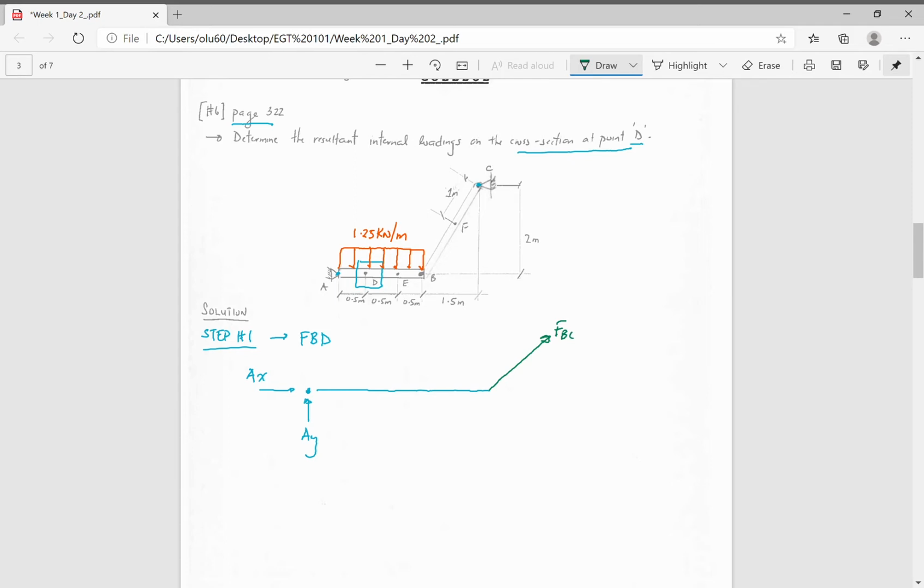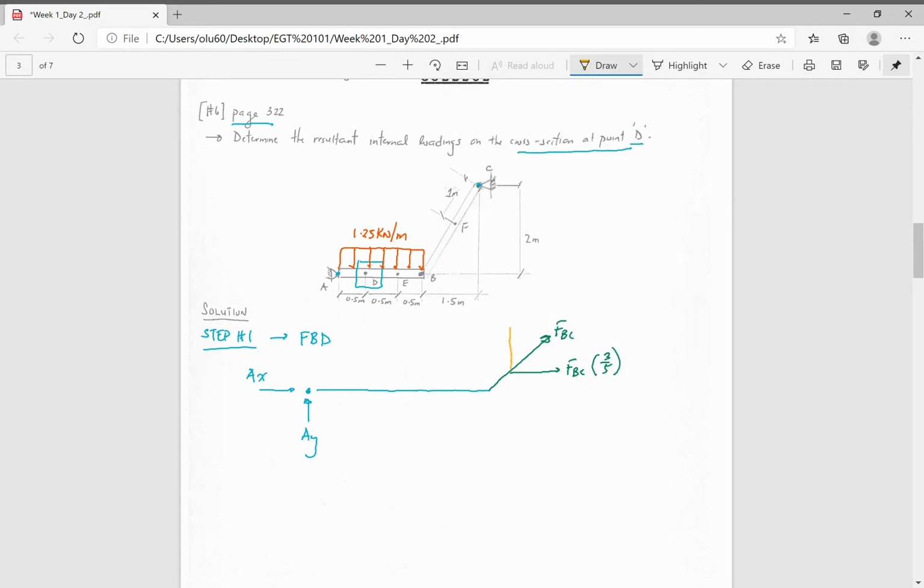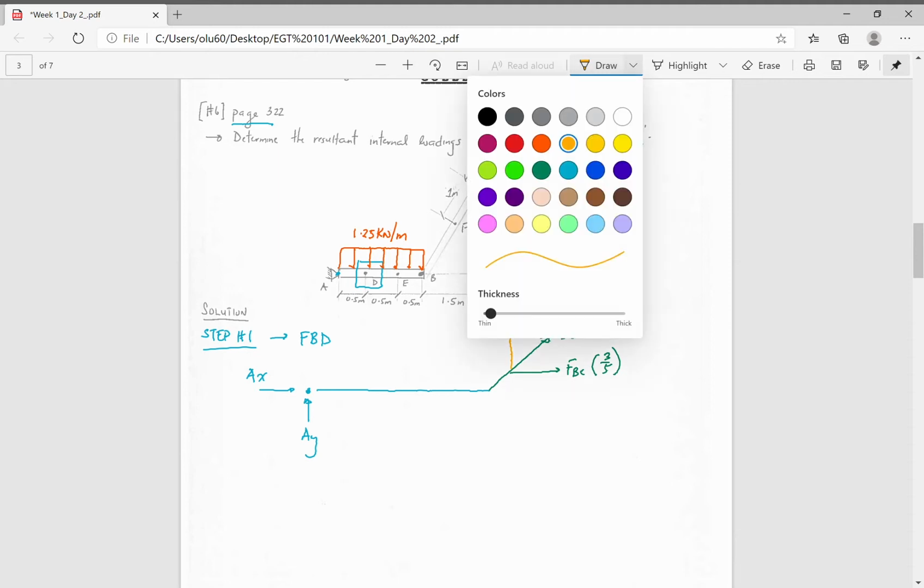By that being the case, I'm going to have FBC 3/5, and FBC 4/5. I'm going to have a resultant force of this at B.